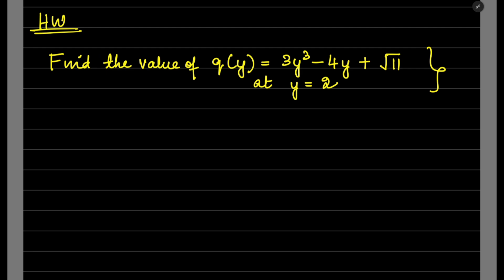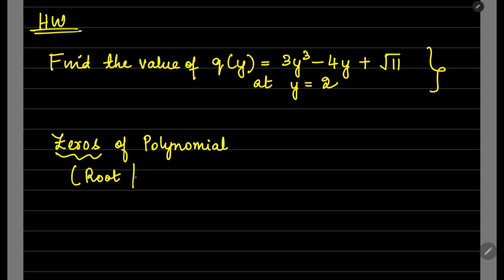Let us move to another topic, which is zeros of a polynomial. What do you mean by zeros of a polynomial? It's again a very important topic. Zeros means root, or you can also call it solution.